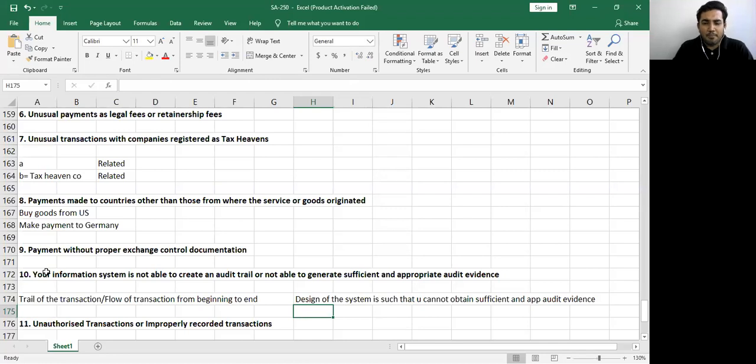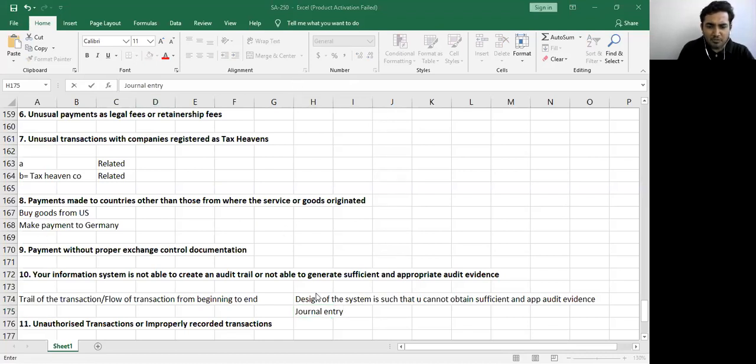For example, if you post a journal entry, you are directly able to check the balance sheet after posting a journal entry. The system does not allow you to check the ledgers. Now, do you have an audit trail? No. Why don't you have an audit trail?